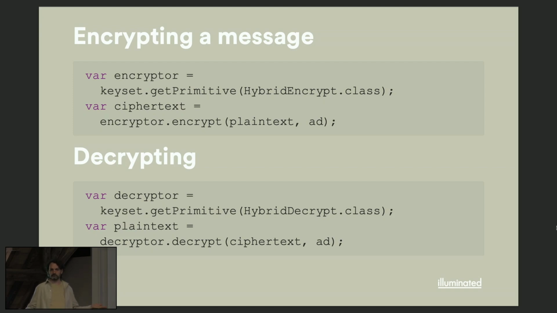Public keys are public, they're widely distributed, so anyone at all can create a message to you, and you have no guarantee of where it's come from. So there's no authentication there, there's just data integrity and confidentiality. And then the equivalent for decrypting, so we call hybrid decrypt on our key set that has our private keys in it, and then we can decrypt a message again with some associated data.